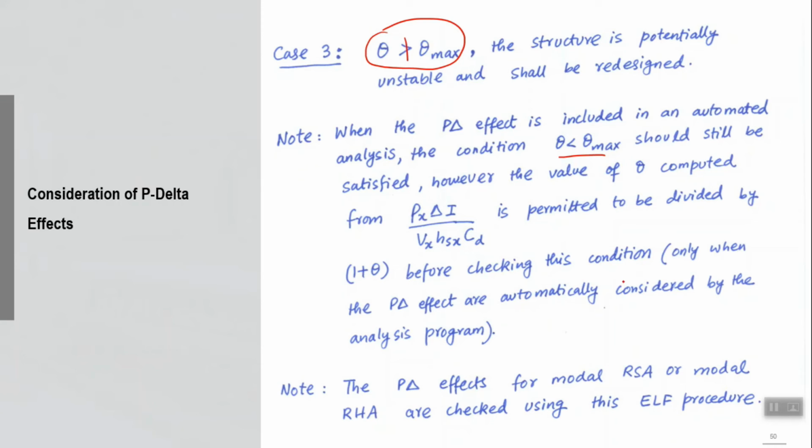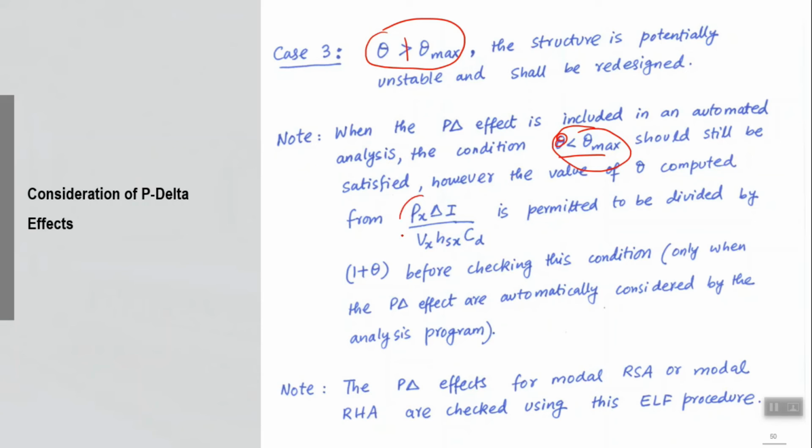Let's say that you run the analysis for the first time and you directly include P delta without checking, right? So you still need to check this condition, theta less than theta max. However, that theta you will not calculate using the original expression, because you already include the P delta effect.